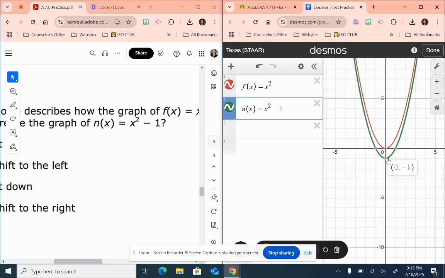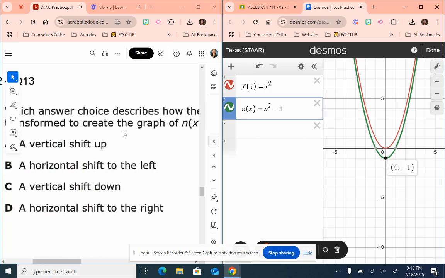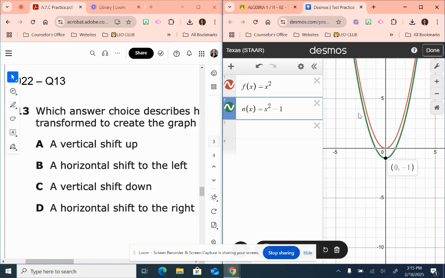So you would just count 1 unit down. Just be very, very careful with the Desmos whenever you zoom in and out. Don't count the lines. Make sure you click on the vertices to check that the vertex is in fact at 0, 0, and it shifted down 1 unit. So your answer, you're not vertical shift up, no horizontal shift, no horizontal. So the answer is C, a vertical shift down.